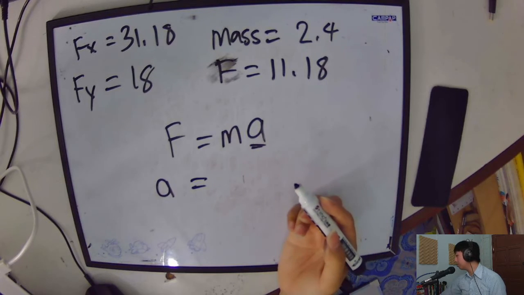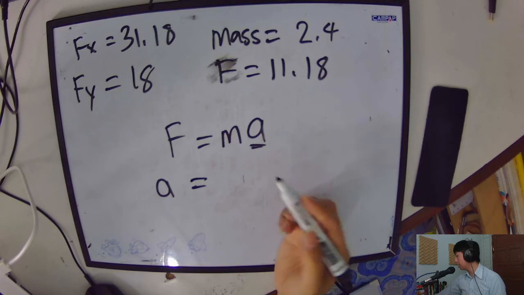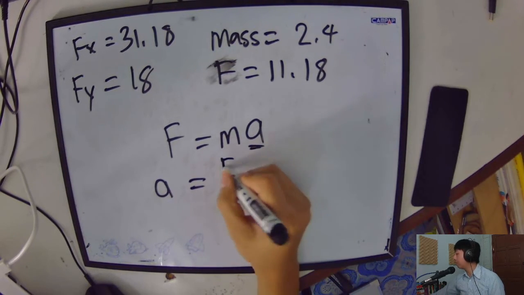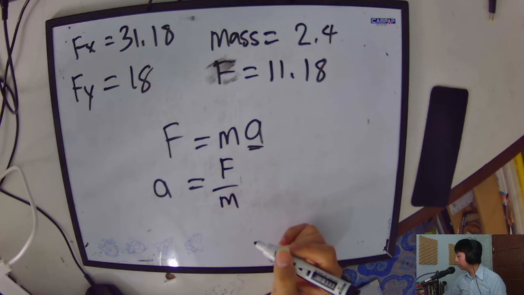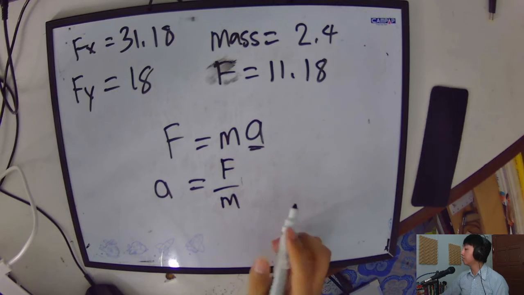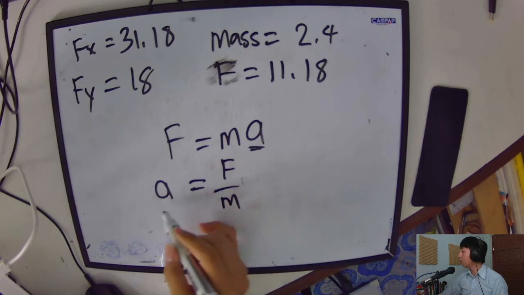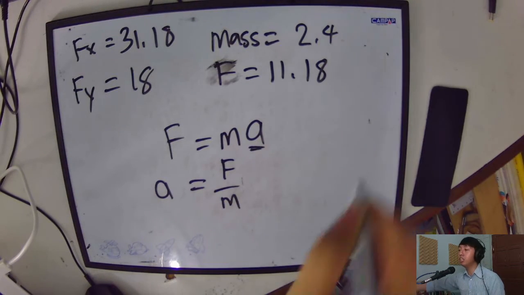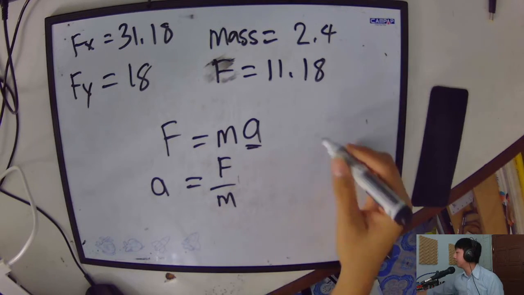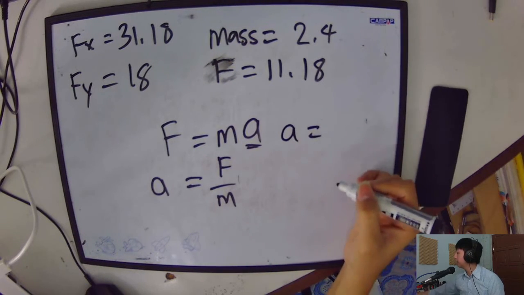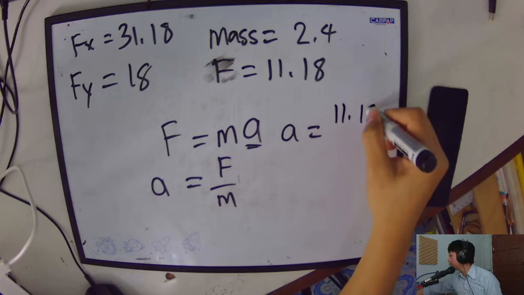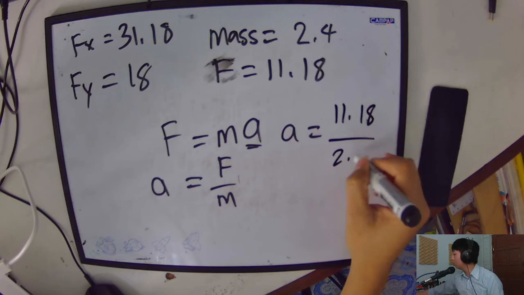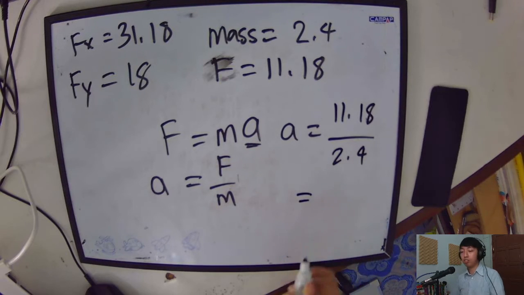In this case, F goes down, so we divide force by mass. That's right, yeah. And once I have this, then I just put in the numbers. So acceleration equals force 11.18 over 2.4.